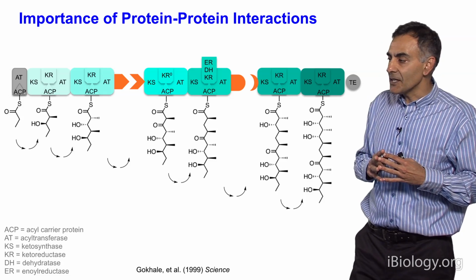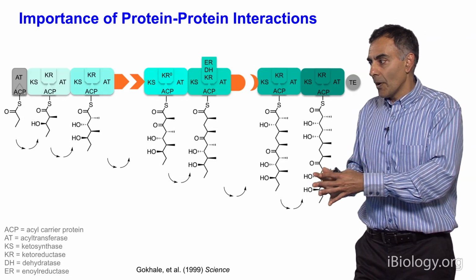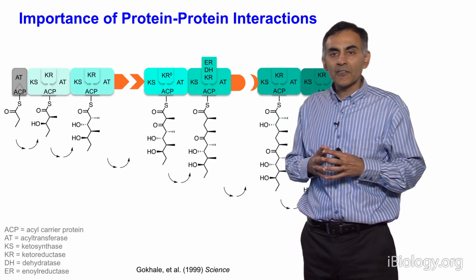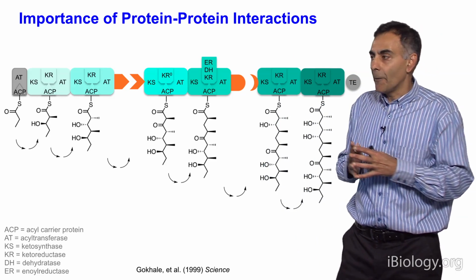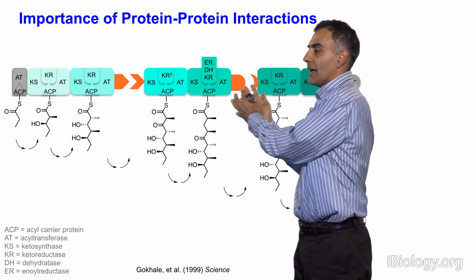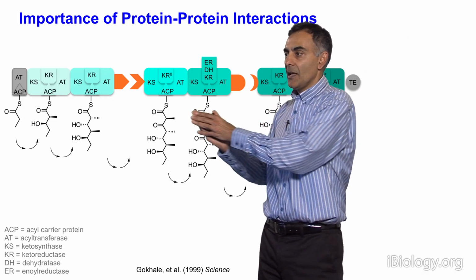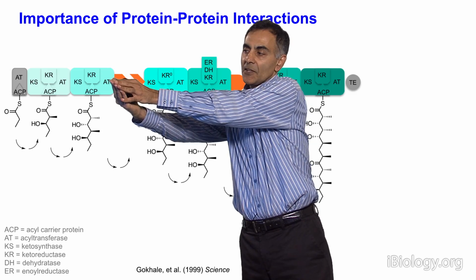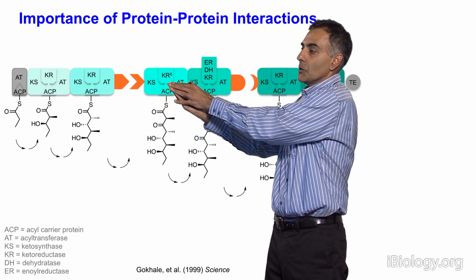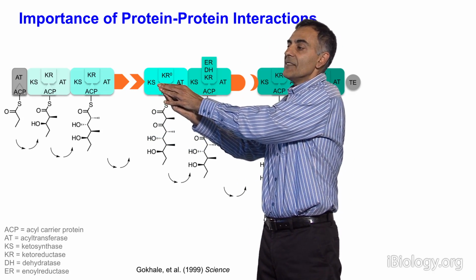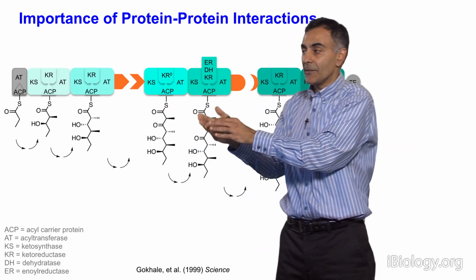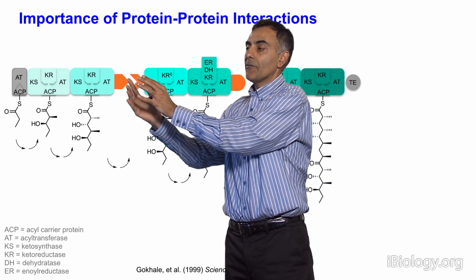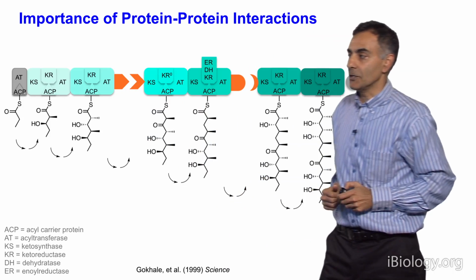So about 15 years ago, when Rajesh Gokhale was in my lab, he came up with an interesting postulate about how assembly line directionality happens. He hypothesized that specificity that leads to this chain moving from this module to this module is not in the active sites for different substrates, but lies at the interface between these modules.